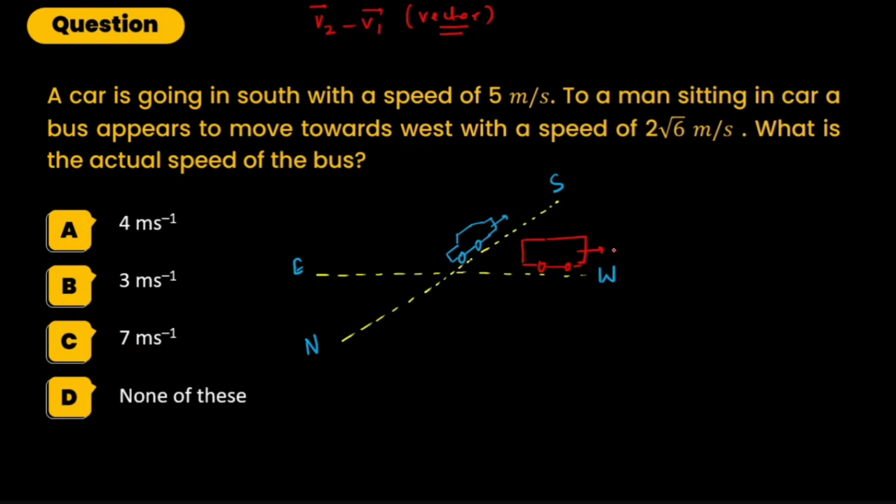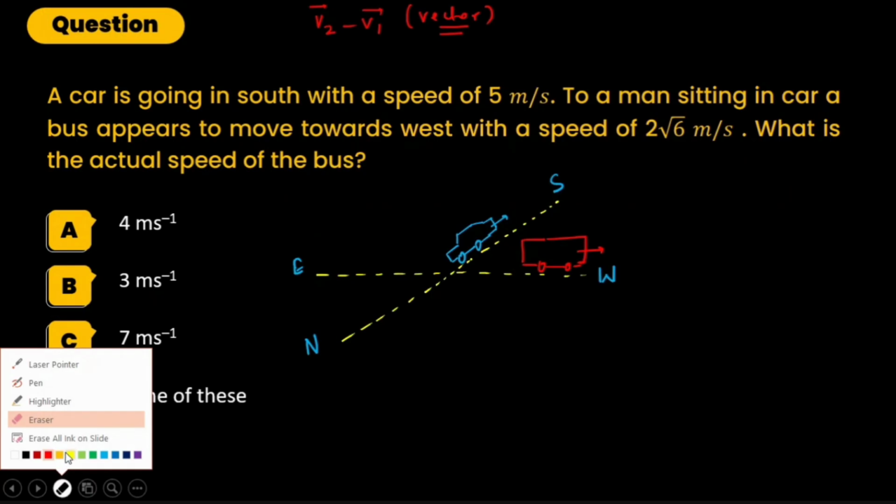The speed of the bus is supposed to be 2 root 6 meters per second, whereas now this is not something actual, it is something which appears to the person. We have to find the actual speed of the bus.